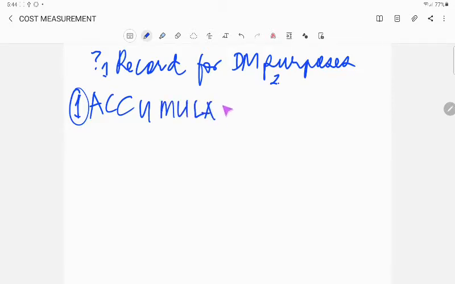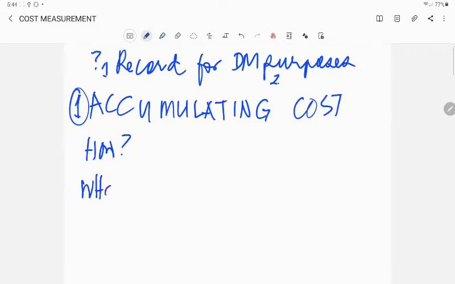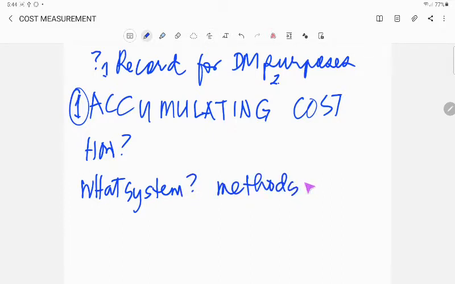Now, if I am going to accumulate costs, how am I going to do it? What would be the system used? What would be the methods?